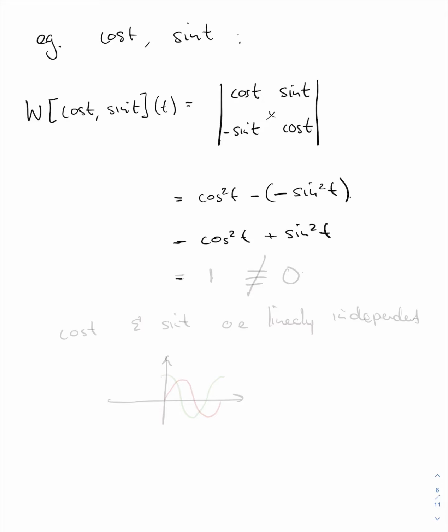And if you'll remember your identities, this is equal to 1, which is certainly not uniformly 0. So this means that cosine t and sine t are linearly independent, even though, obviously, if you were to sketch them, they would look very much related.